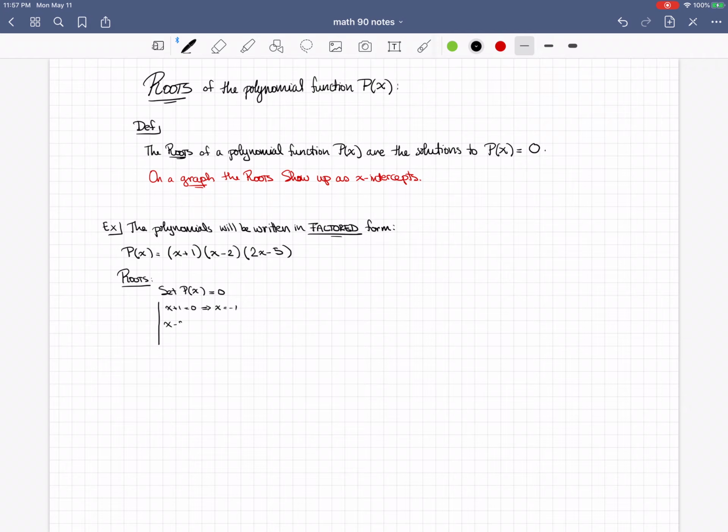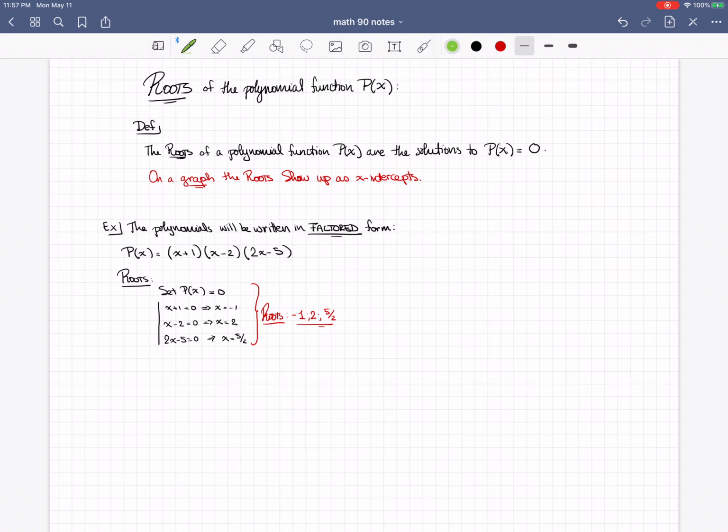If x minus 2 is equal to 0, then x is 2. And if 2x minus 5 is equal to 0, then x is 5 halves. So these are my roots: negative 1, 2, and 5 halves. So there are 3 of them.